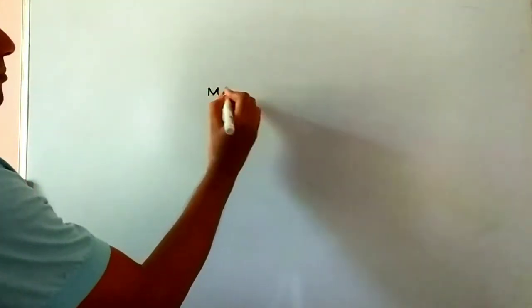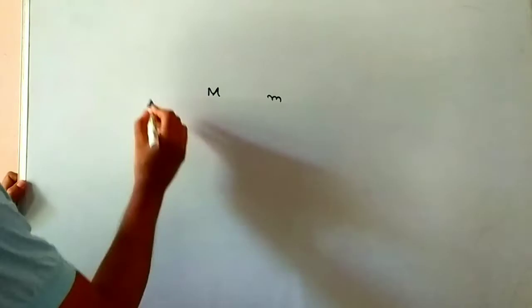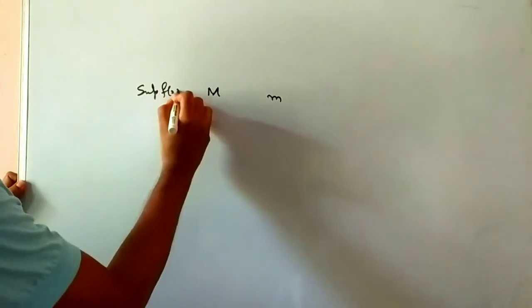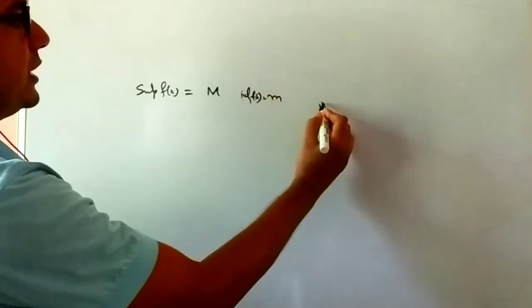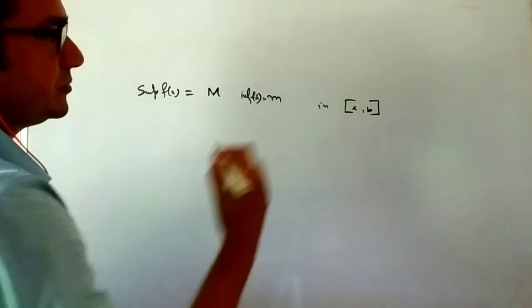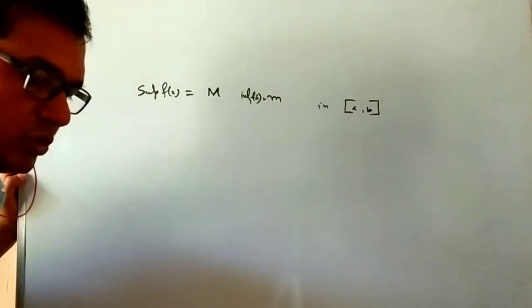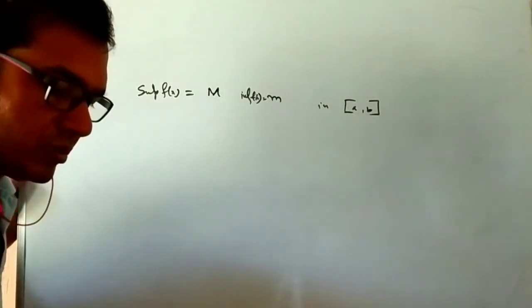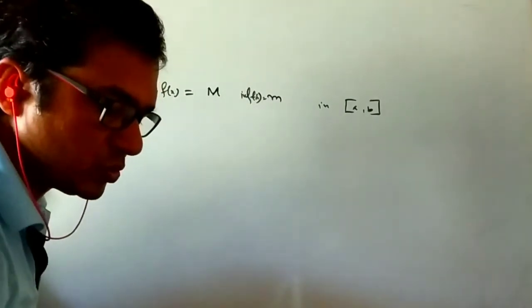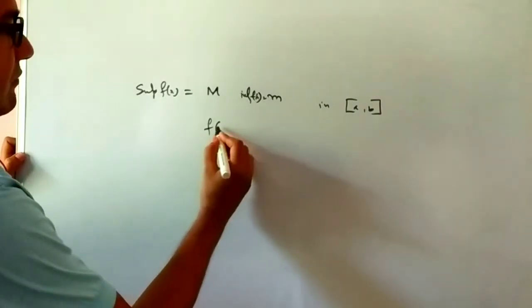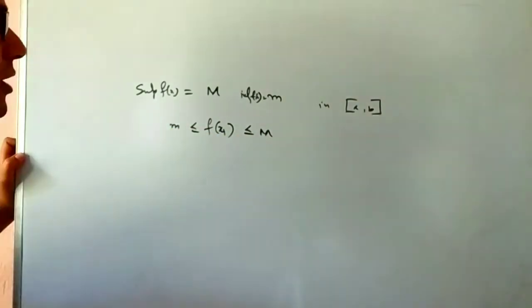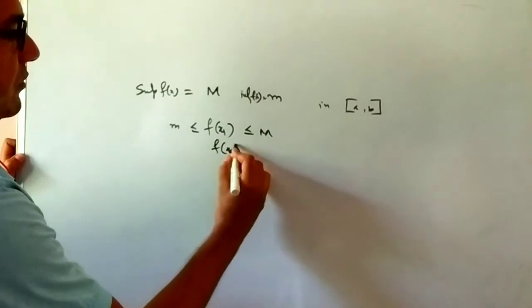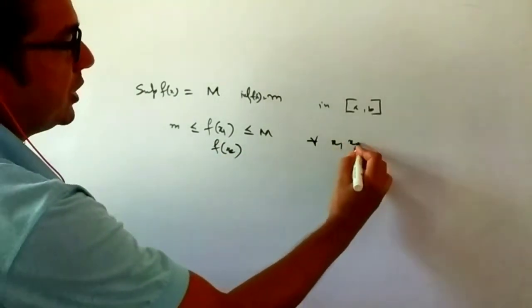Here we get capital M and small m as the supremum of f(x) and the infimum of f(x) in [a,b], right? So we get m <= f(x1), f(x2) <= M for all x1, x2 belonging to [a,b].